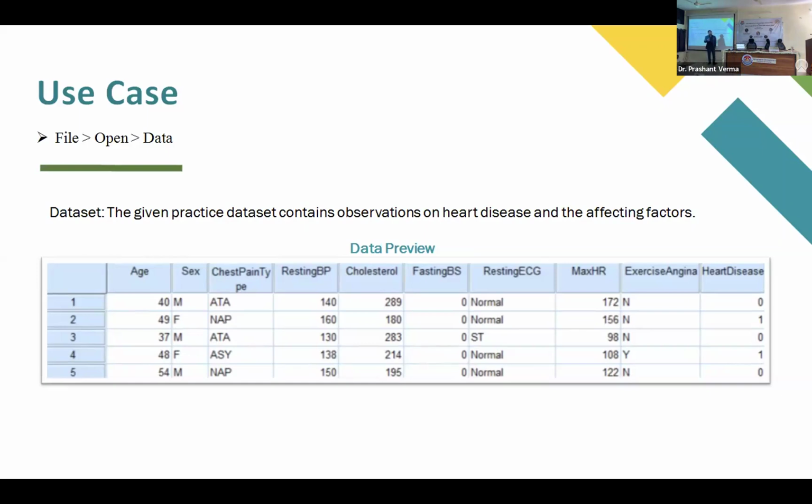It's recommended to do some recoding. You must know about recoding in SPSS. You can recode this variable. Suppose you give male 1 and female 0. If anyone is offended, you can give 1 to female and 0 to male. No problem. Then you can select the reference category. There should not be any controversy about it.